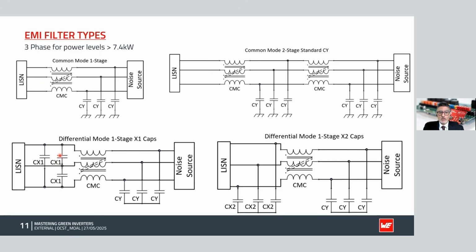The difference here is, of course, you've got X capacitors, be it line to line or line to neutral, depending on the connectivity of your mains 3-phase input coming through. The Y capacitor, as well as the common mode chokes, will act as your common mode insertion loss filter side of things. Again, the leakage in this setup will also provide you with at least a 40 dBs per decade insertion loss.